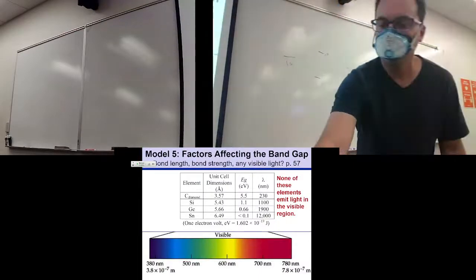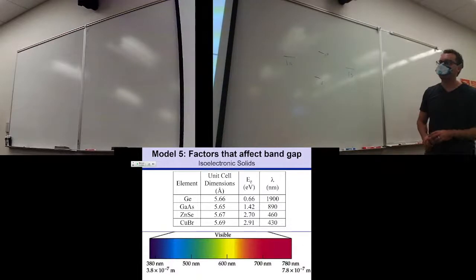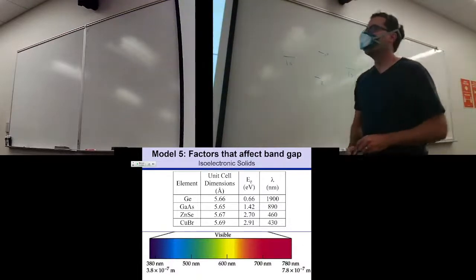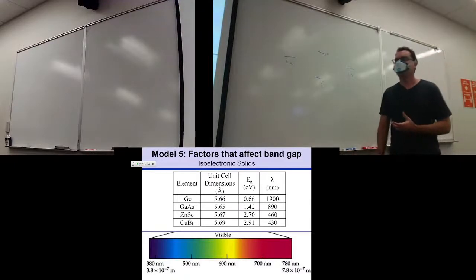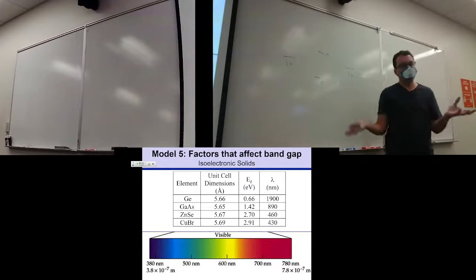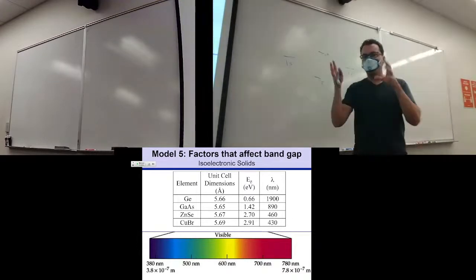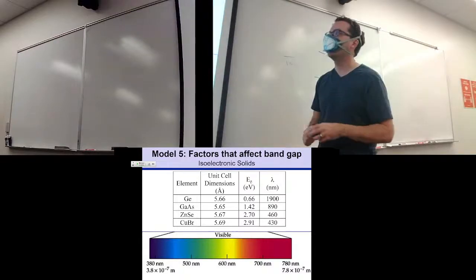Then we looked at isoelectronic solids. So these are group 4-like compounds. Now I'm going to preface this by saying we can make semiconductors out of lots of things. We are focusing on a very narrow range of semiconductors, ones that are isoelectronic with group 4.